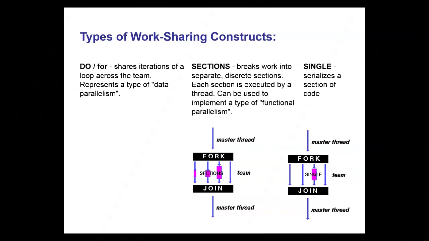This is sort of called functional parallelism, or sometimes you can say it's task parallelism. And the loop is more like data parallelism, something like that. Certainly it's not exactly right by definition. And single is something that sometimes works like the master thread; it is also put into the work sharing constructs.